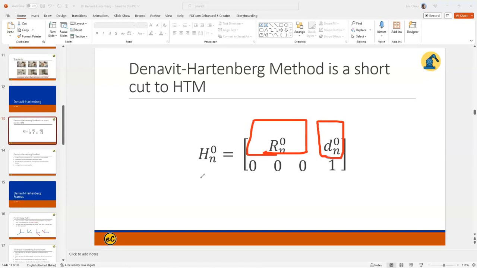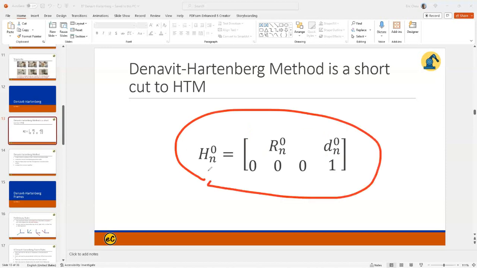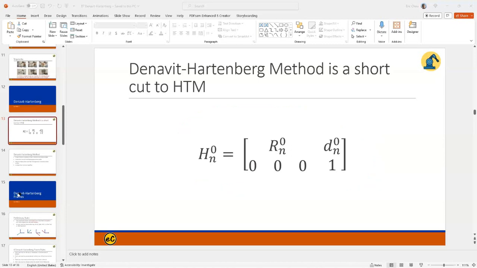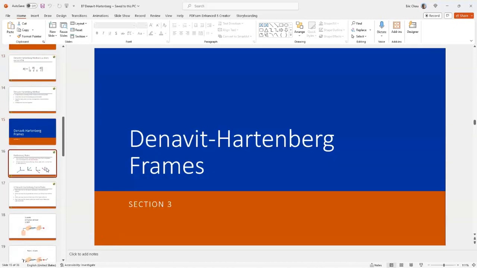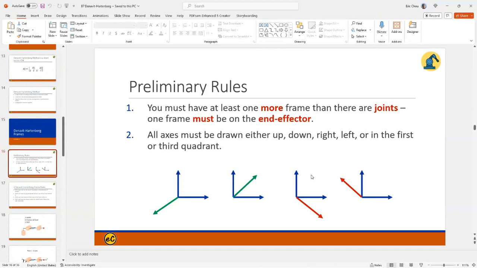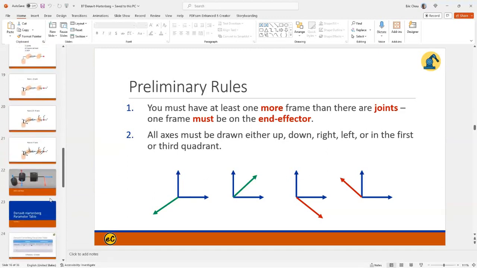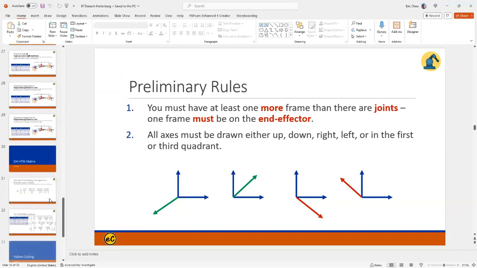You put them into one homogeneous transform matrix. But when we model the robot, we actually want to have a systematic way of doing it.